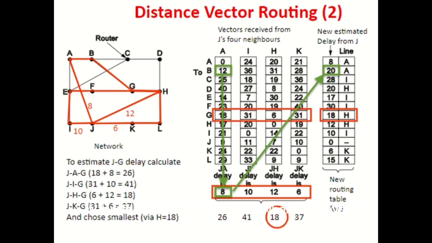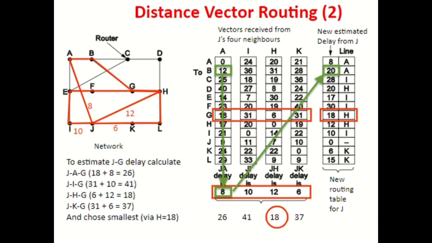But effectively, this is the routing table for the distance vector algorithm, where we have the expected time to get from a node J to any other node in the graph, and then the next node on the hop. That's what this table is for node J. So for instance, to get from node J to node B, we sample each of our neighbors, following the algorithm, and ask them what their expected travel times to get to B are.